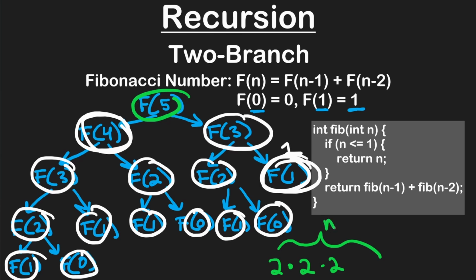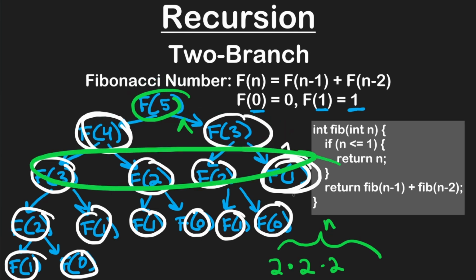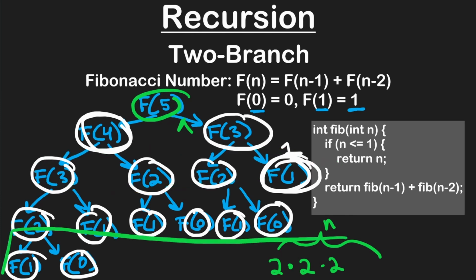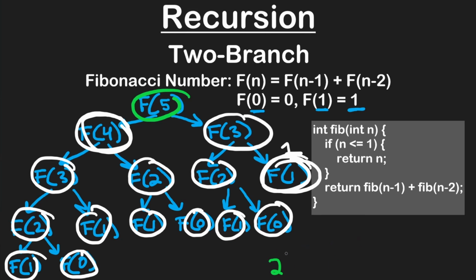Roughly speaking, it's equal to n because that's the height of the tree, right? If we're taking this and then doubling it and then doubling it, the number of times we double it is going to be n, and that's the same as the input value. So to get the number of values in the last level is going to be roughly, let's say, 2 to the power of n.